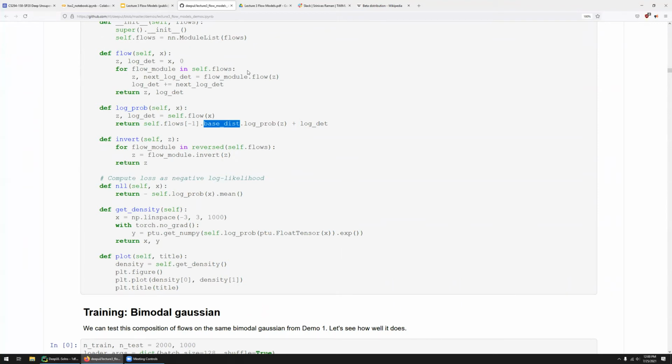The z just gets nonlineared and then goes to the next as x, is what you're saying, without going through the base distribution, right? Yeah. Because you're not mapping it yet to the CDF. You don't do the PZ of z until you get to the final z, which is the output of all of your compositions.